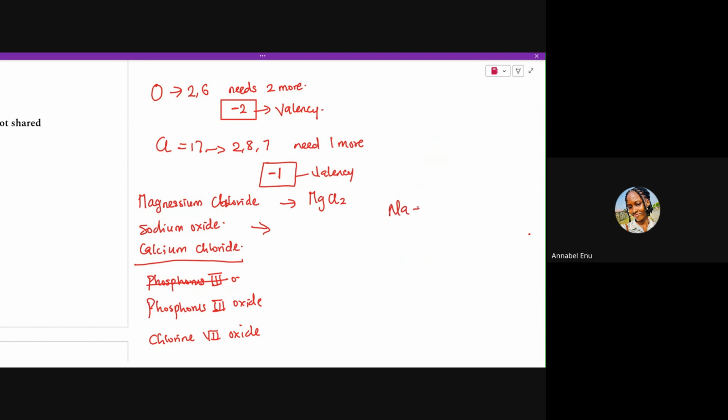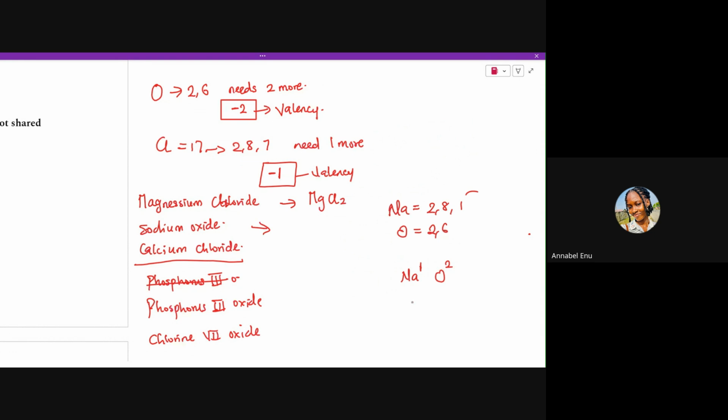Sodium is 2, 8, 1, and so it will donate 1. So that means the valency of sodium is 1. How about oxygen? Oxygen is 2, 6, and so it will accept 2. So the valency of oxygen is 2.